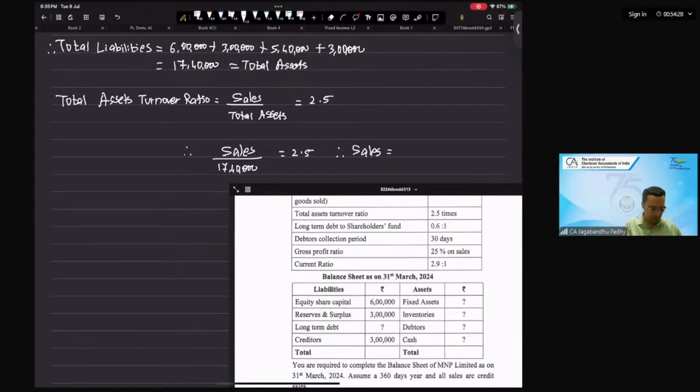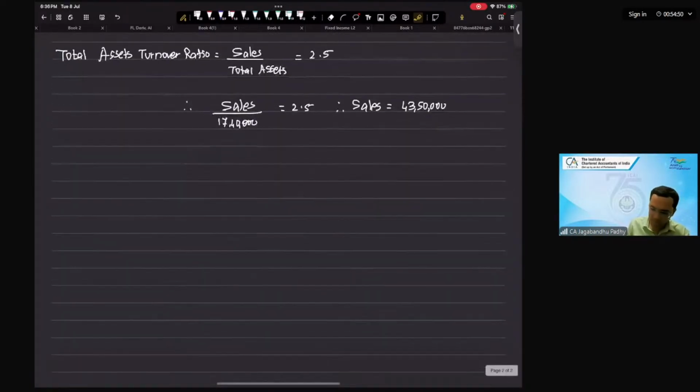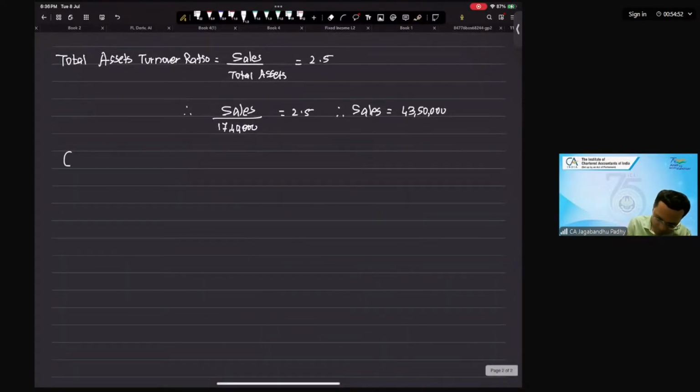2.5 into 17 lakh 40,000 is 43 lakh 50,000. So sales is going to be 43 lakh 50,000. Now we have the information on gross profit. If the gross profit is 25%, how much is the COGS?